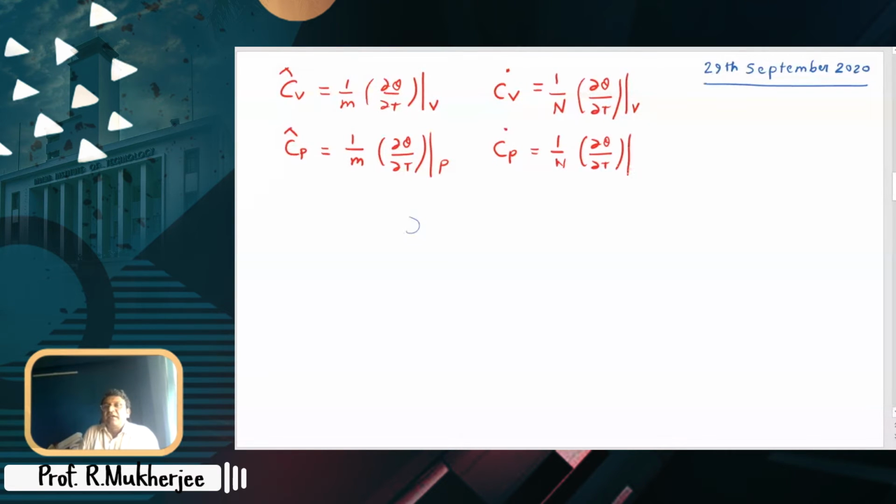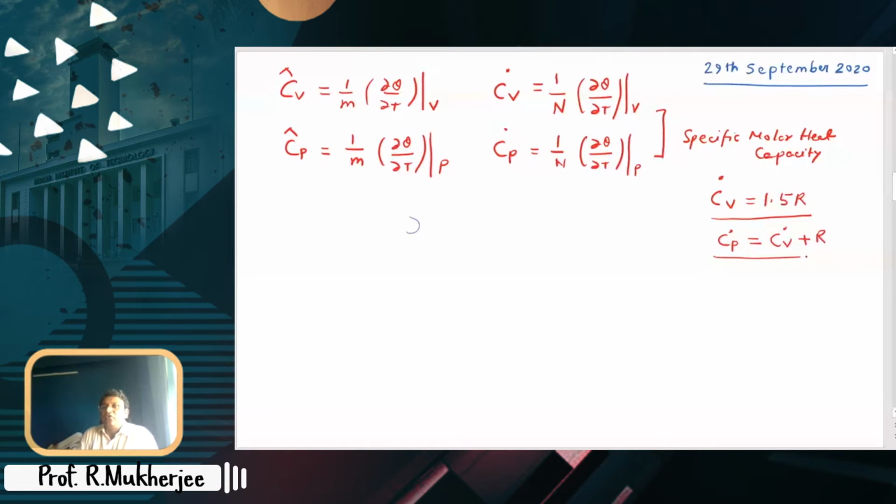So what are these? These are essentially specific molar heat capacity, right? Essentially, the temperature rise, the definition of Cp for 1 mole, right? And you must also understand that the derivation that we did is actually valid for specific molar heat capacity.